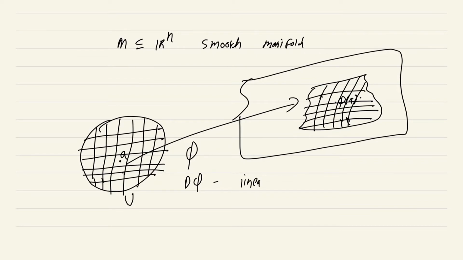D phi is a linear map at the point A. So the tangent space is supposed to be a good linear approximation of the manifold at a point. The tangent space of an open set in R^n is just R^n itself. Instead of trying to somehow make these grid pieces become tangential, why don't you directly make the thing tangential by definition?